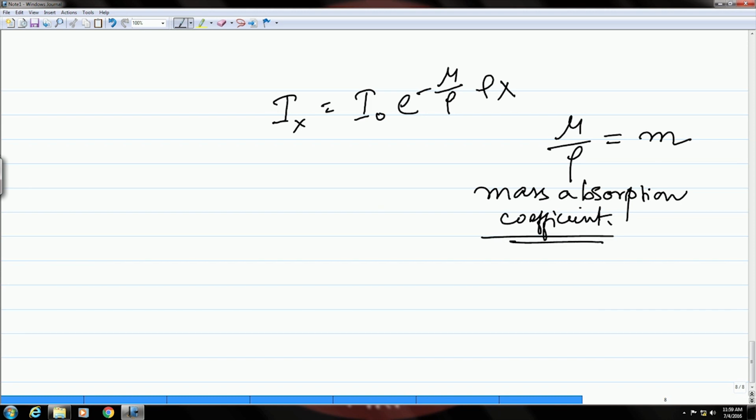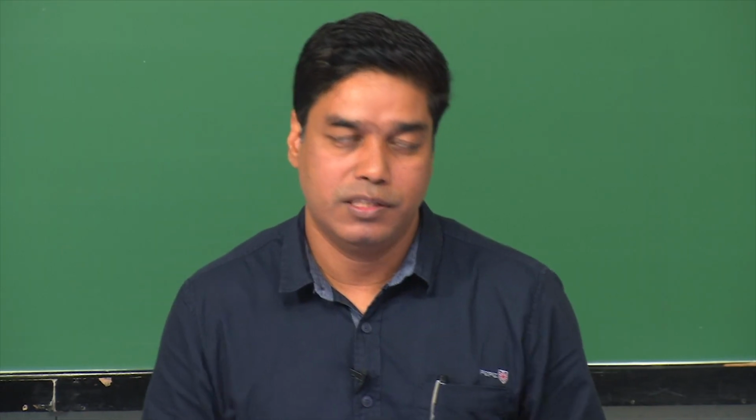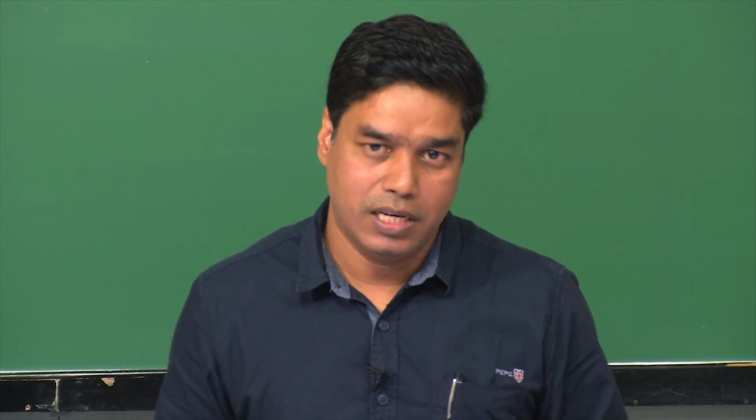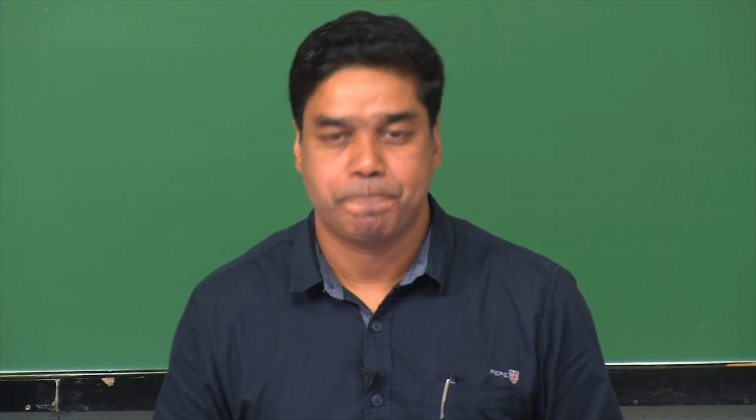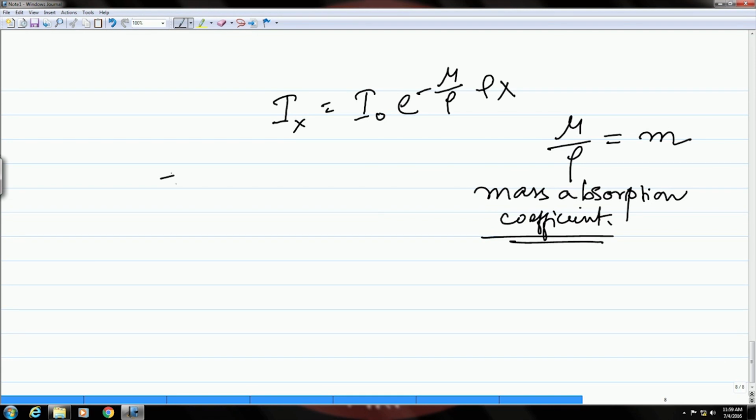This particular parameter is a better representation of the absorption ability of a material, because it provides the volumetric ability of the material to absorb X-ray energy. Now, if you use this relationship between m and mu and the density of the material, this equation comes down to this form.